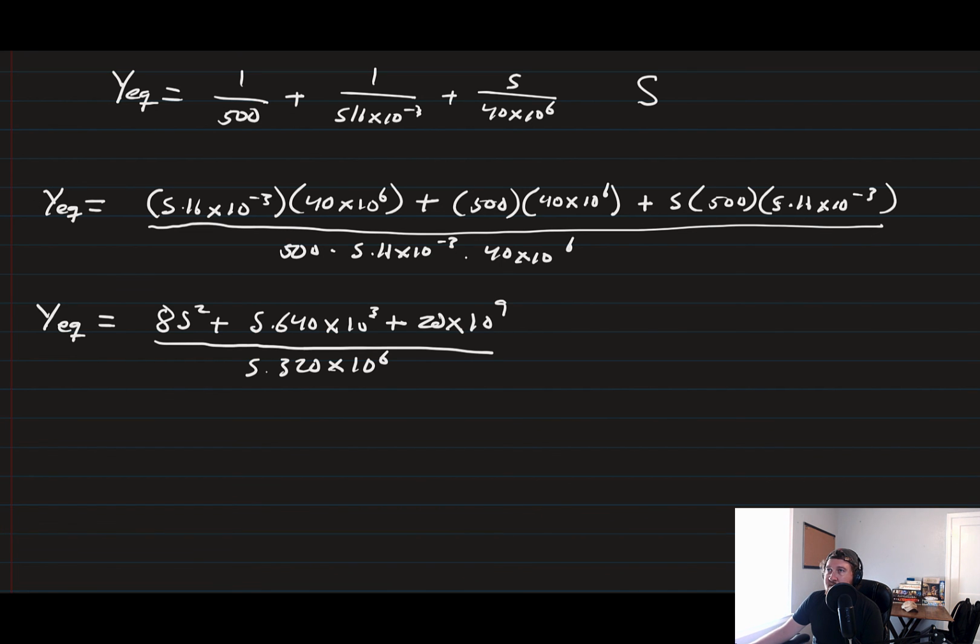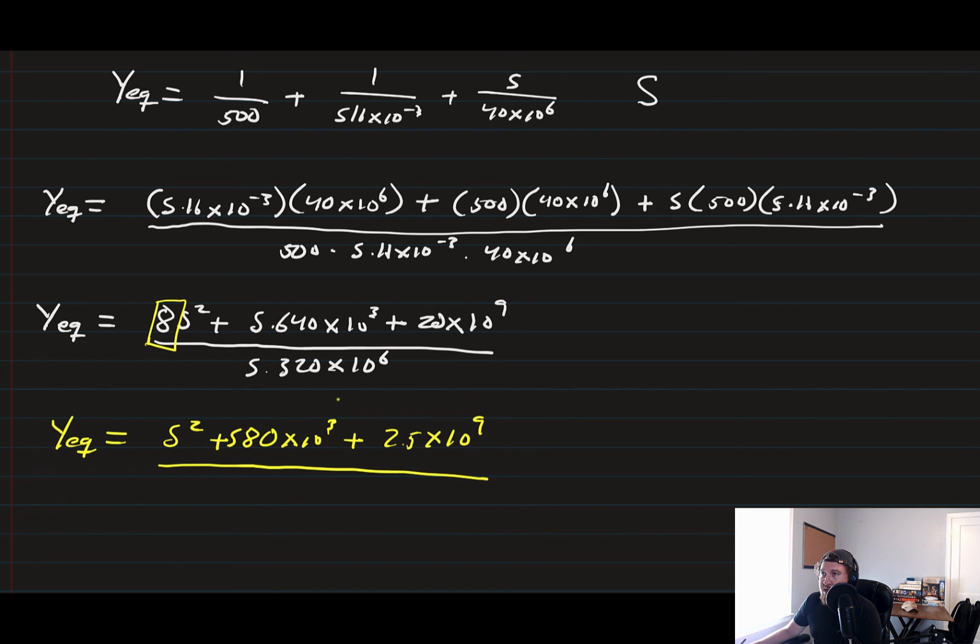We want to make everything a nice, pretty quadratic equation. So I'm going to factor the 8 out of the S squared. And that'll give me, well, first S squared plus 640 times 10 to the 3rd divided by 8 is 80 times 10 to the 3rd, and that's times S, plus 20 times 10 to the 9 divided by 8 is 2.5 times 10 to the 9 over, now 320 times 10 to the 6 divided by 8 is 40 times 10 to the 6.